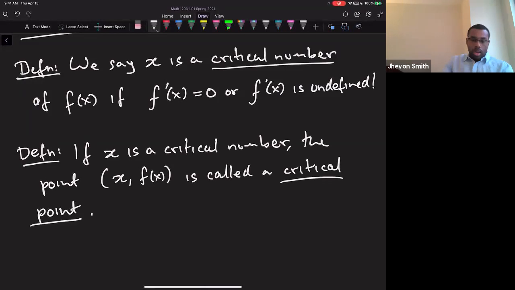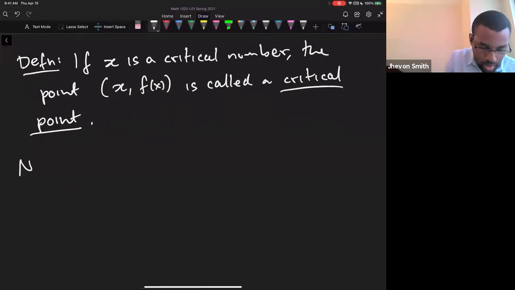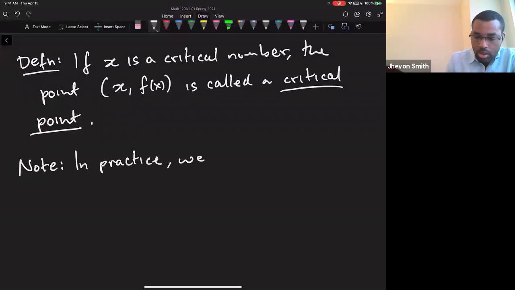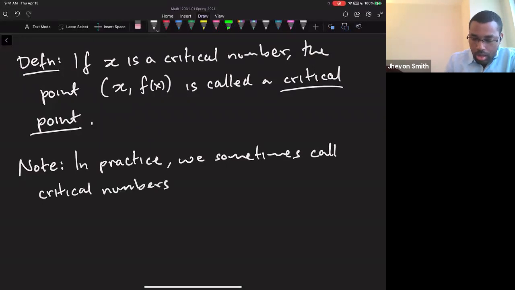Okay. You should note here the common vernacular. In practice, we sometimes call critical numbers critical points.